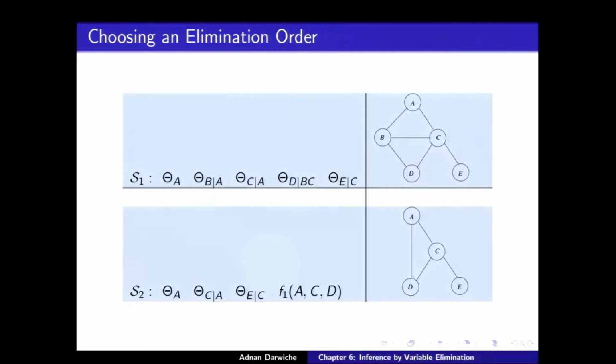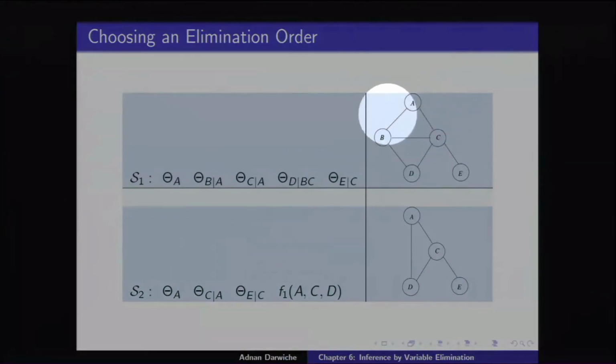Right? Here's what we started with, S1, that's the interaction graph. When I eliminated what? The variable B, right? I got this set of factors, correct? That's the interaction graph. Here's CA, there is an edge between CA, EC, there is an edge, and then you have the factor ACD.